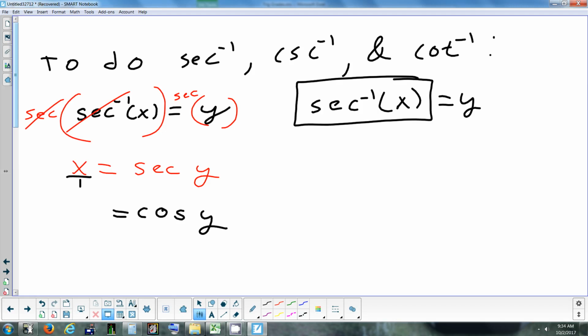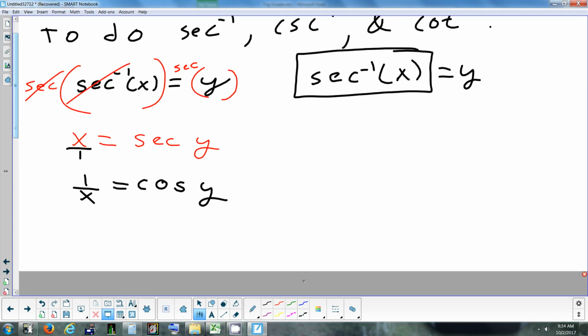Or cosine into secant, either way. You find the reciprocal. So the secant is x. What's the reciprocal of x? 1 over x. Okay. So if secant is x, cosine is 1 over x. You flip it.